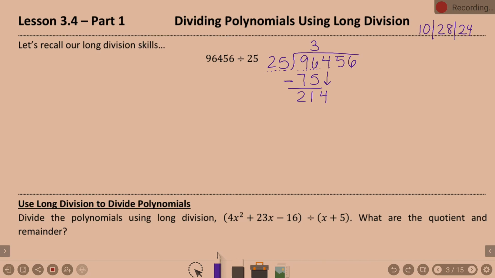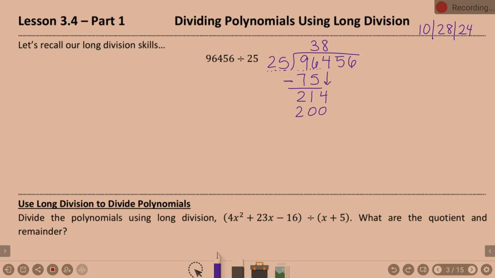I'm going to go 8. Okay. 4 quarters is $1, so 100, right? So then we're at 8 quarters. That 8 is going to go above the 4.